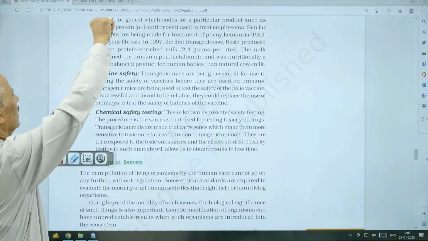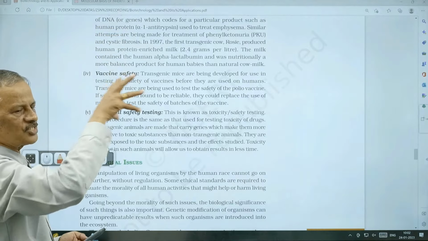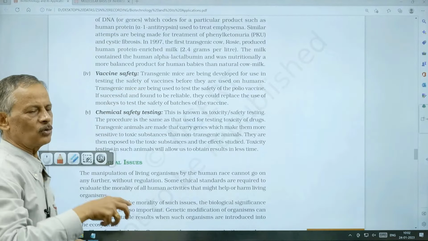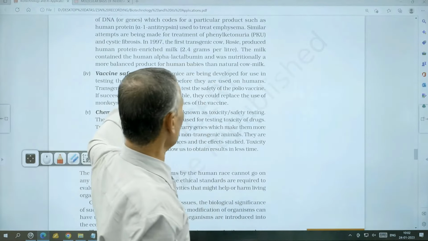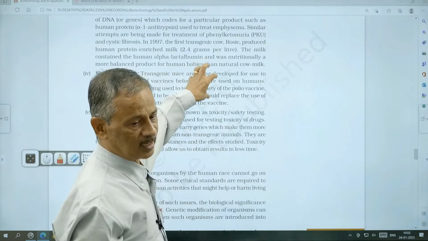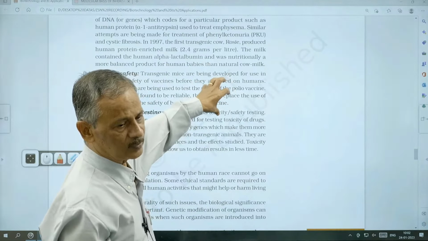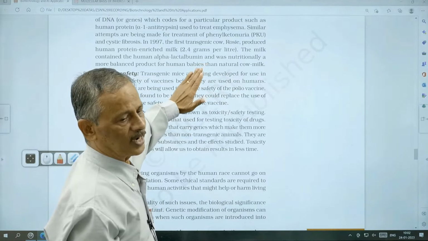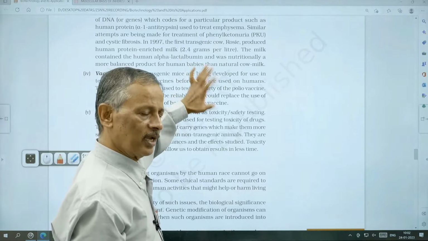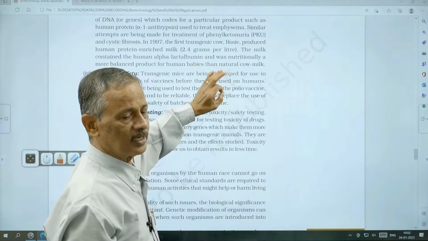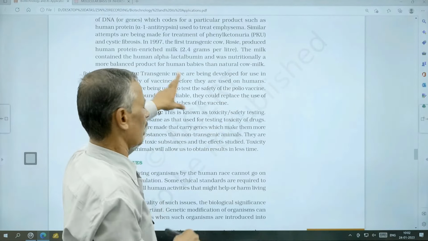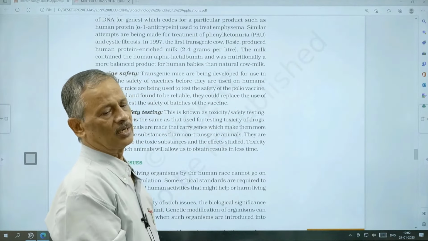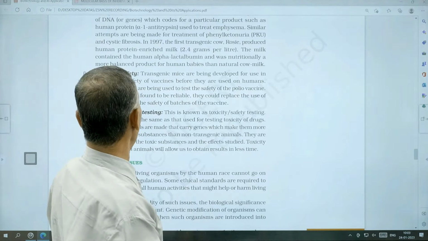Then they are also used for testing the new vaccines we have developed. Vaccine safety: only after making trials on such field animals and experimental animals will we be able to use it in clinical trials in human beings. So before that we have to try it on such transgenic animals.